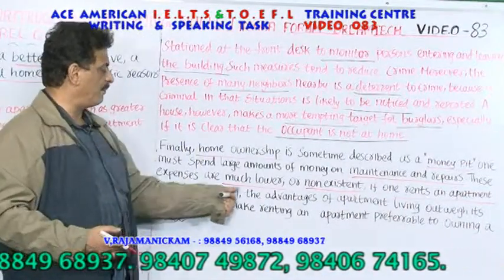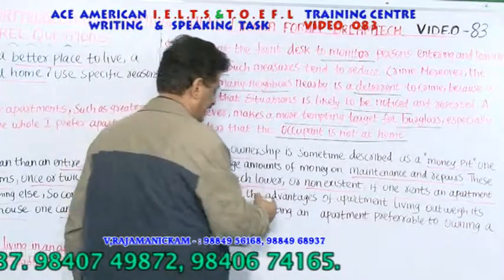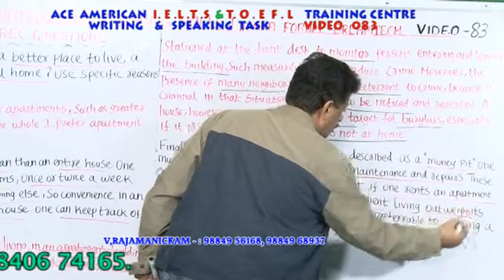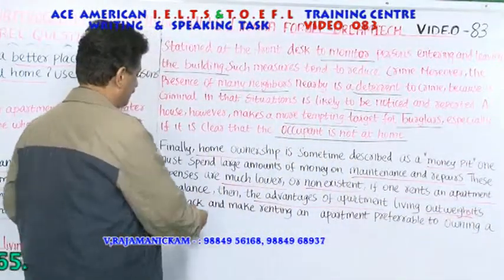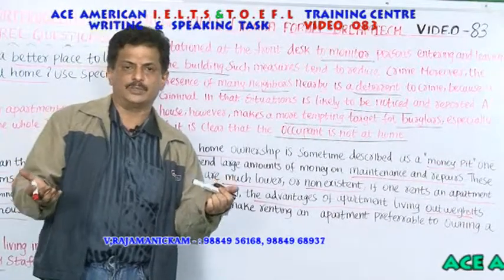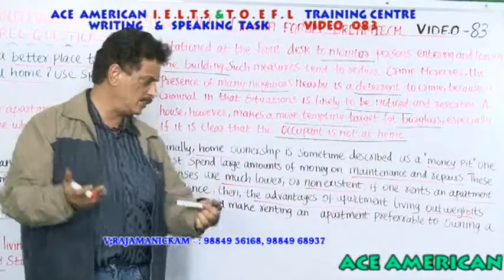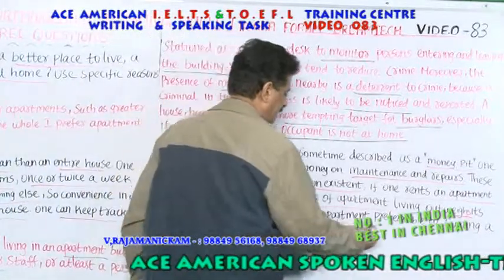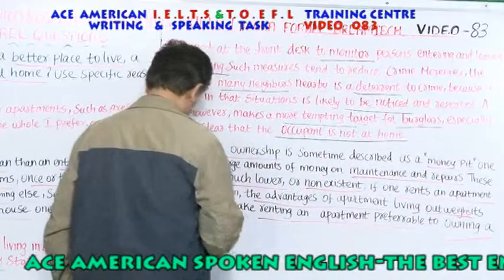On balance, then, the advantages of apartment living outweigh its drawbacks. So the plus points are more compared to individual houses, and make renting an apartment preferable. Renting an apartment is preferable to owning a house.